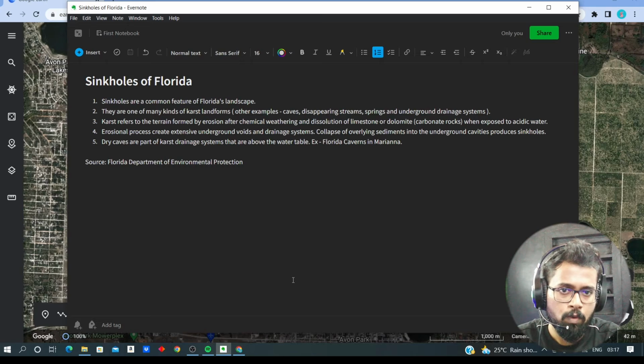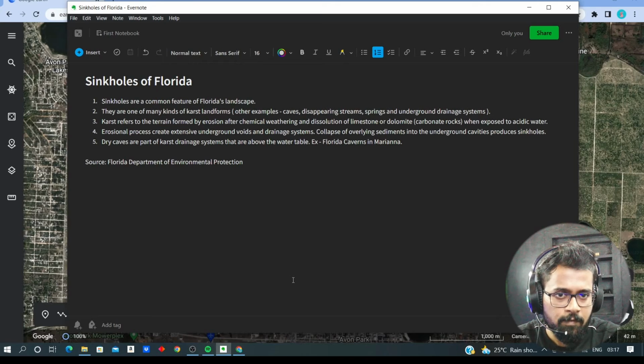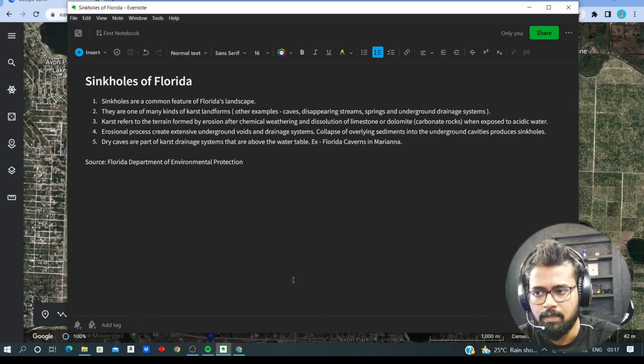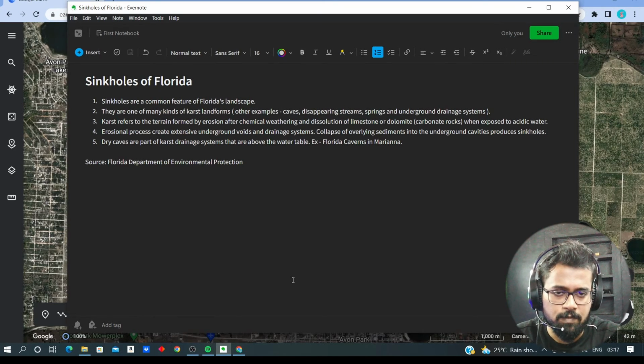So when water is getting mixed with carbonate rocks, it dissolves in acidic water, and there will be disappearance of landforms. New landforms form like caves, stalactites, stalagmites, disappearing streams, springs, underground drainage systems, etc., etc. So erosional process create extensive underground voids and drainage systems.